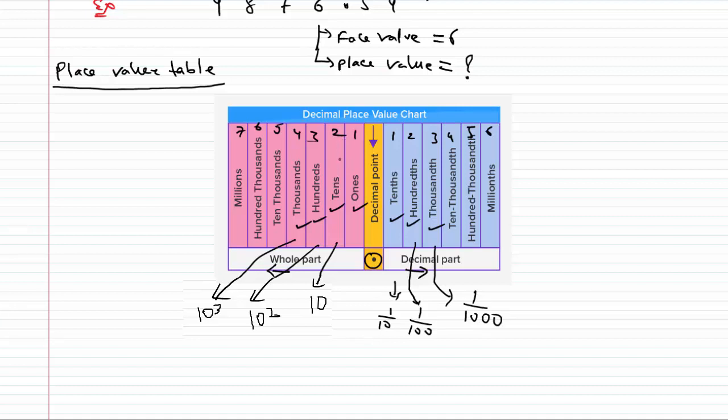Now let's place the number in the place value table. In the whole part, the place value of 6 is 6, 7 is 70, 8 is 800, and 9 is 9000.